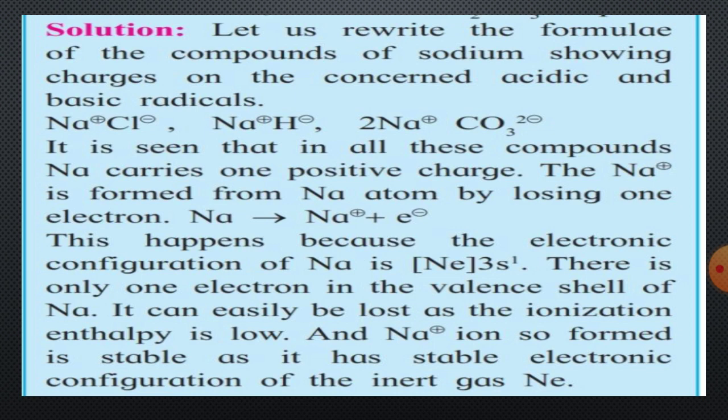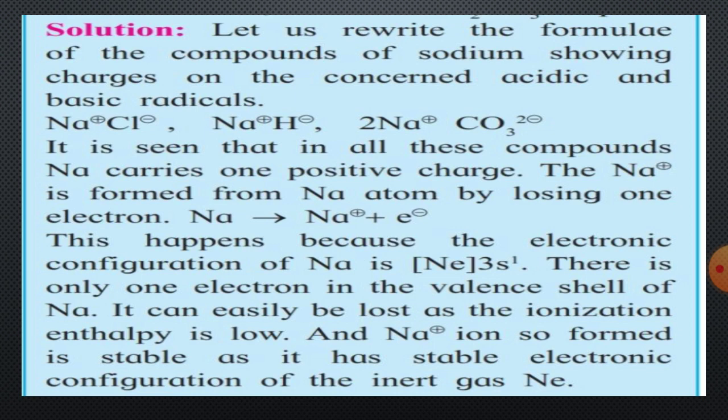Okay, remember, students, when any element liberates or loses electrons, depending upon how many electrons it has lost, it will carry that much charge. Okay, here the Na atom has lost one electron. Fine, so it has been converted into Na plus.